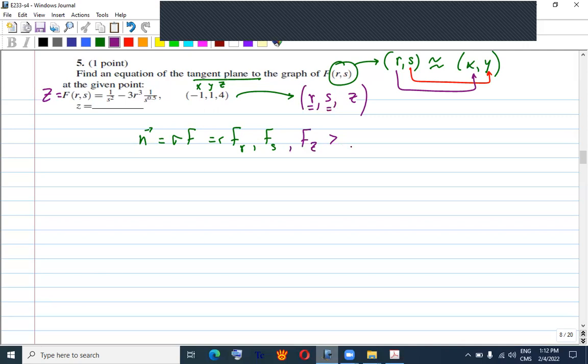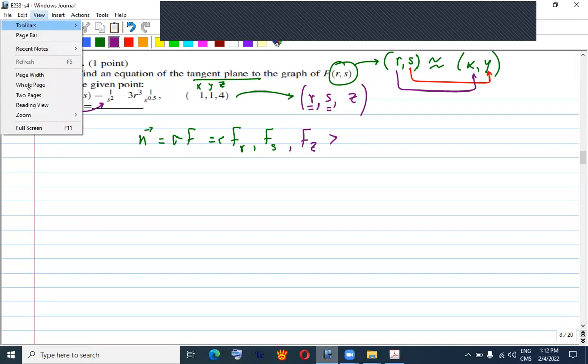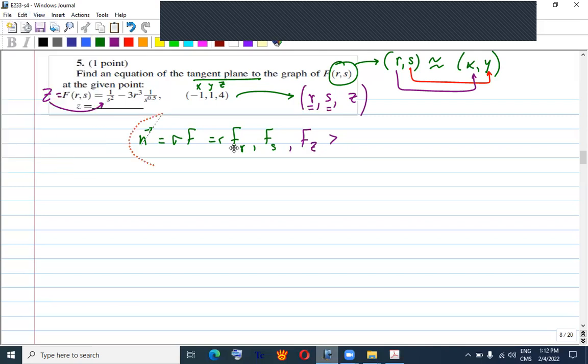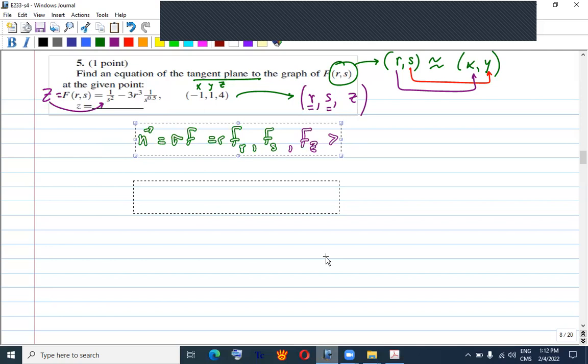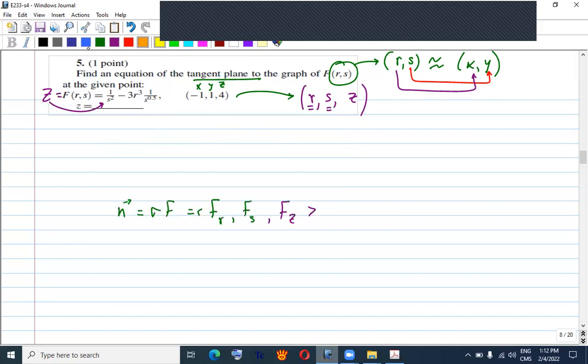Okay. Now let us take this to the other side. It would be the same thing with the minus z. This is the same thing as before, but using different letters instead of x and y.